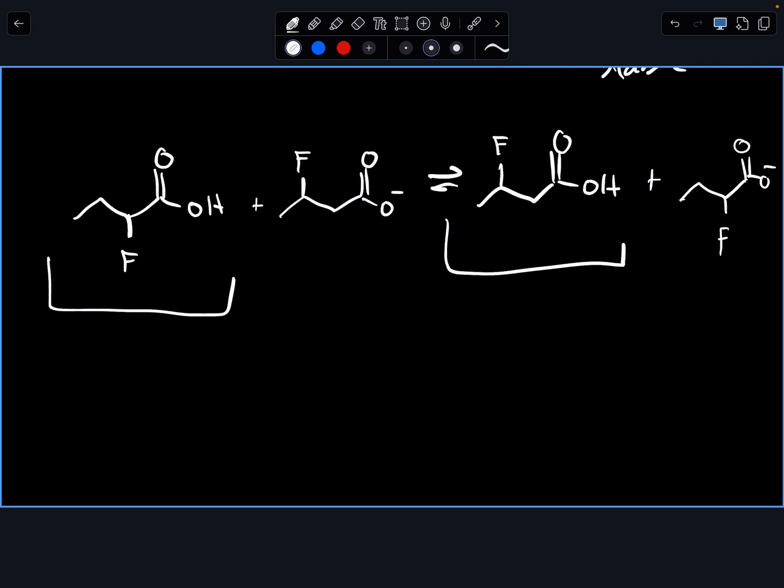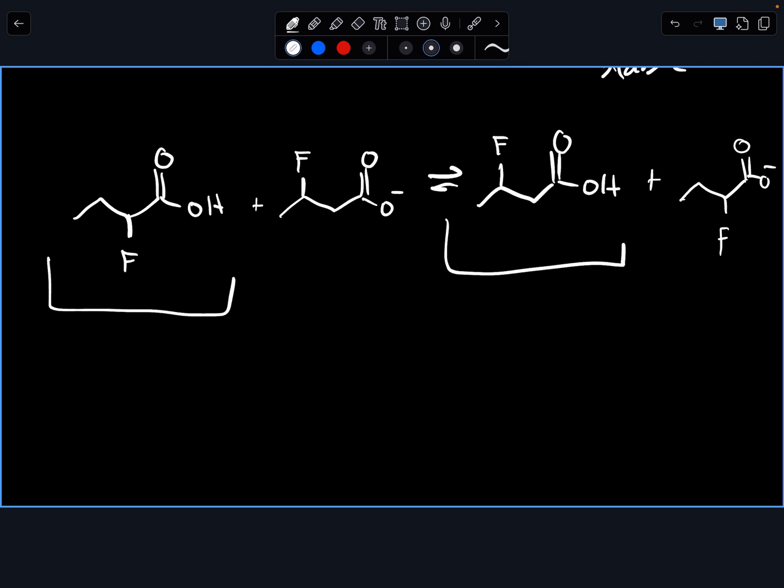The acid on the right also has a fluorine nearby, but a little less nearby. Because the fluorine is 1 carbon down, the acid on the right is going to be a little weaker than the acid on the left. And you could think of an even weaker one if you put the fluorine on the furthest carbon away.